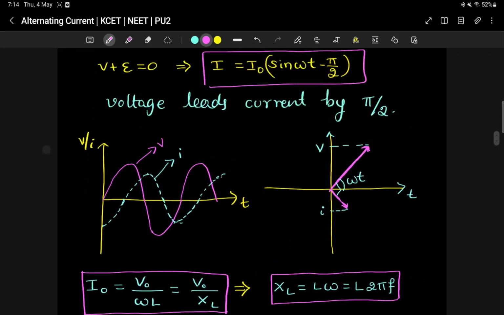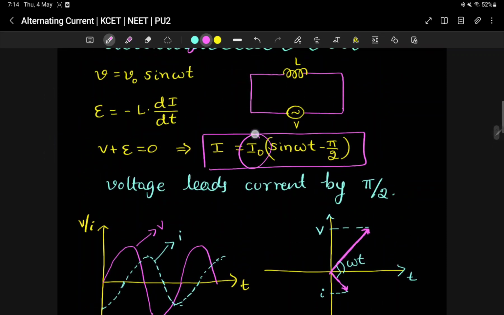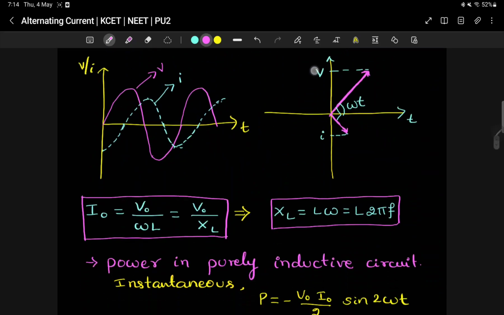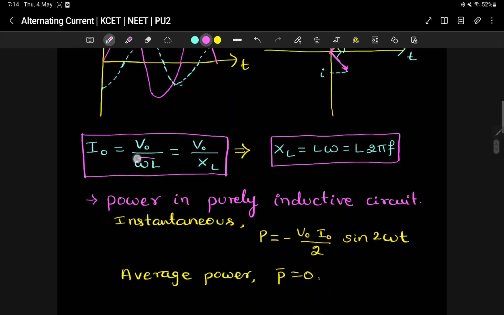Then here you get I naught is given by V by R. Here we don't get R, but we get XL. What is XL here? XL is called inductive reactance.